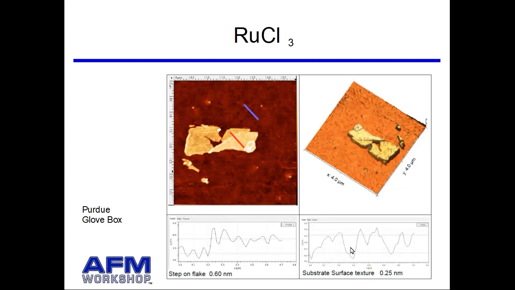You can see the noise on the substrate is about 250 picometers. That's on this side right here, and that's illustrated by this line profile. So basically, all of the features you would see to measure the step height are clouded a little bit by this roughness of the surface. Of course, the parts of the material that are 2 or 3 layers thick are very easily resolved in these kinds of microscopes.